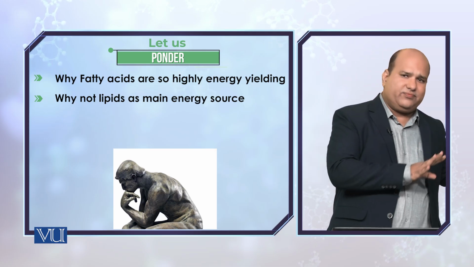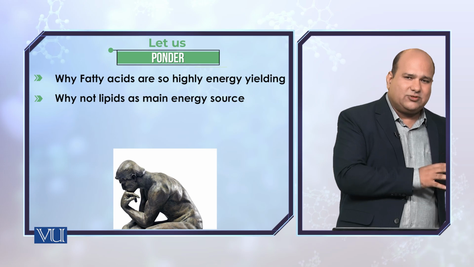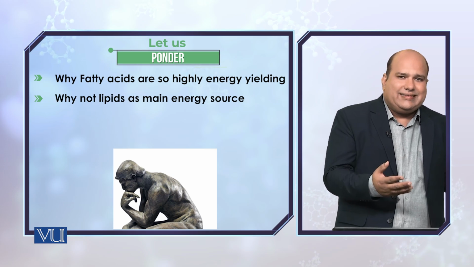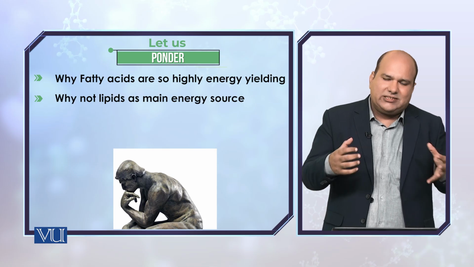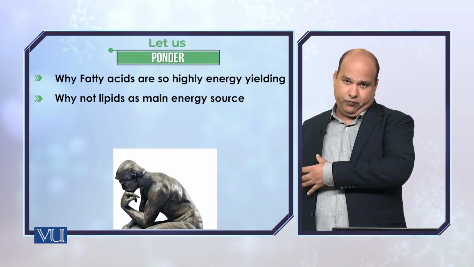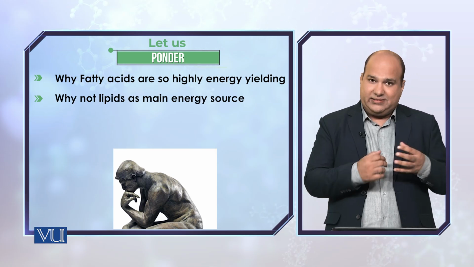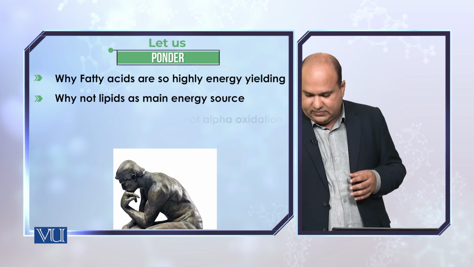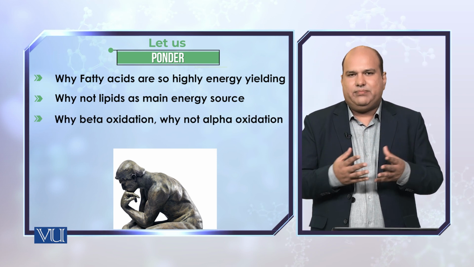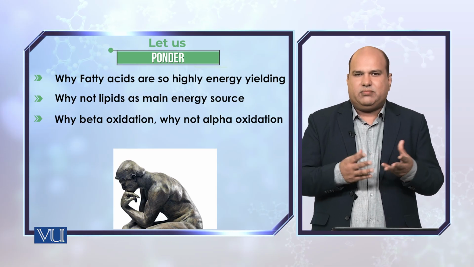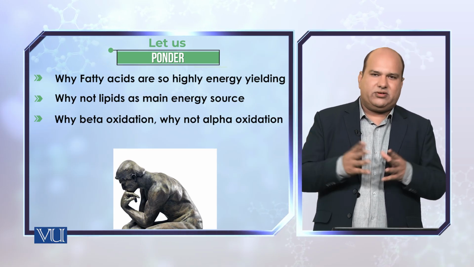Of course, we already know that fatty acids are a source of energy. But what is the reason that they are not as main a source of energy as glucose? Then why is it more all the time beta oxidation? Why don't we talk much about alpha oxidation or gamma oxidation?